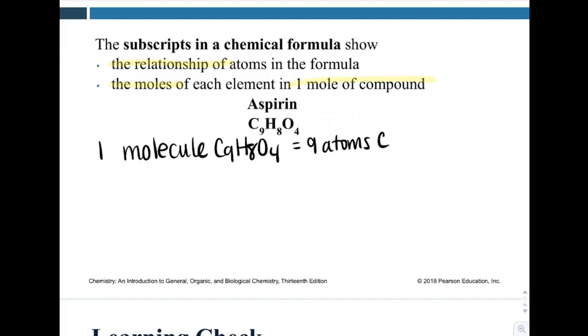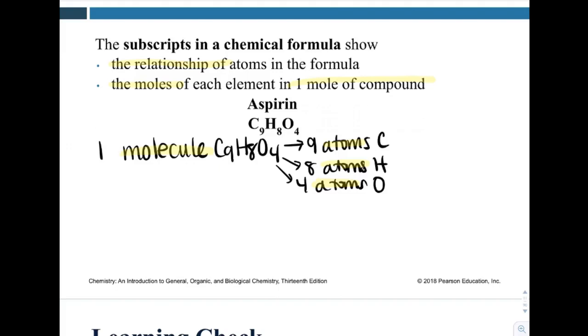And there are how many, let's not do equals, maybe, I mean you can do an equal sign, but I'll just also show you with arrows. How many atoms of hydrogen? Well, there are 8 atoms of hydrogen, and there are 4 atoms of oxygen. Now, because Avogadro's number works the same for atoms or molecules, we can actually turn these words, molecules and atoms, into moles.